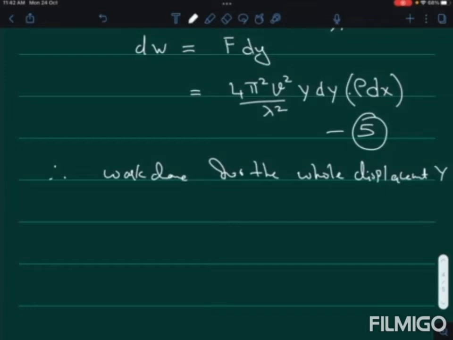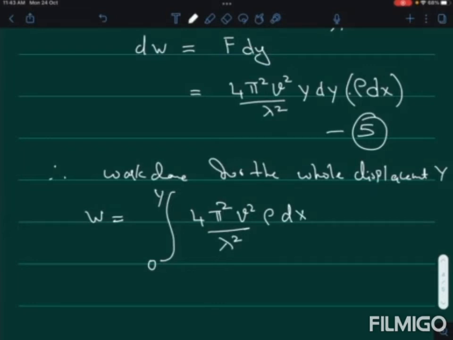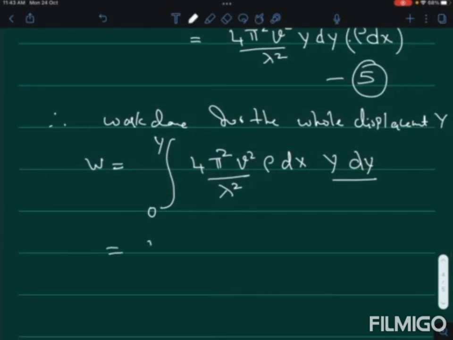So W is equal to the integral from 0 to y of 4 pi square v square by lambda square rho dx into y dy. 4 pi square v square rho dx by lambda square is a constant, and what is inside the integral is just y dy.